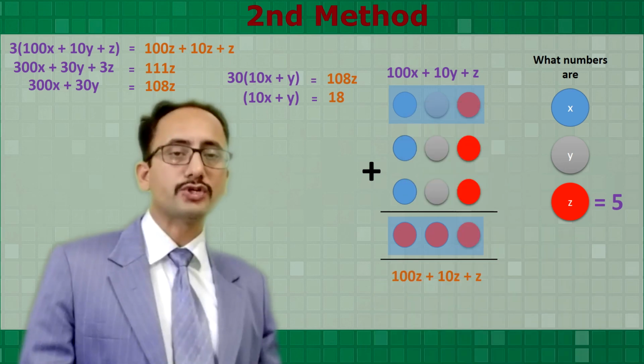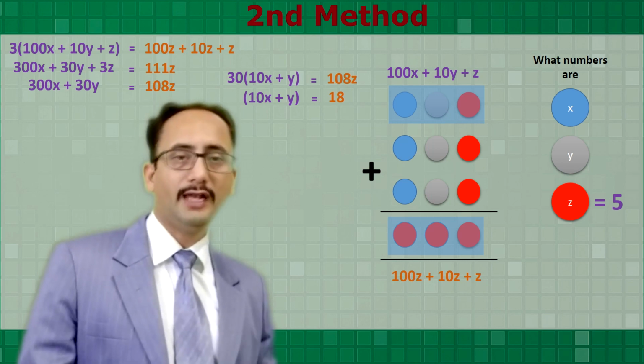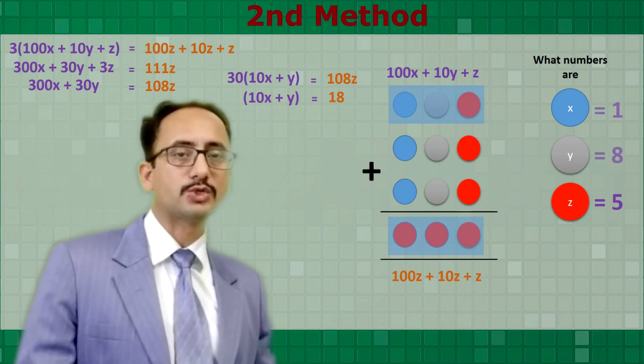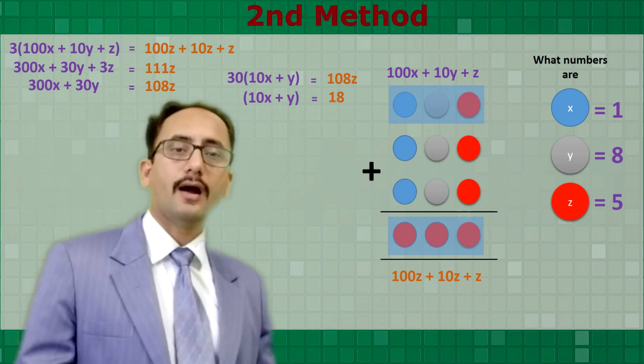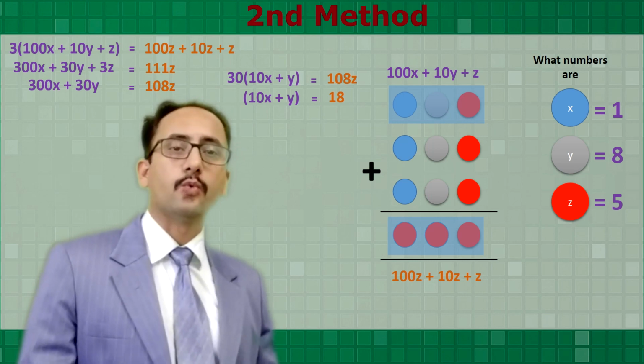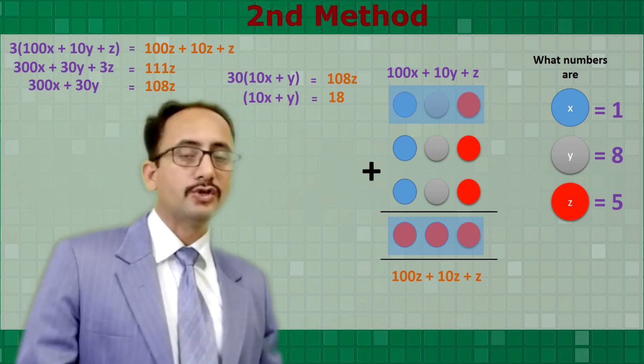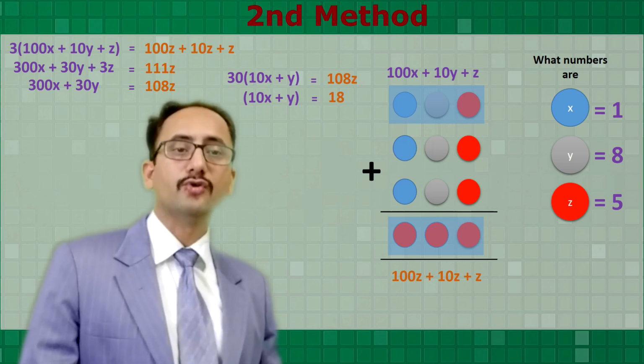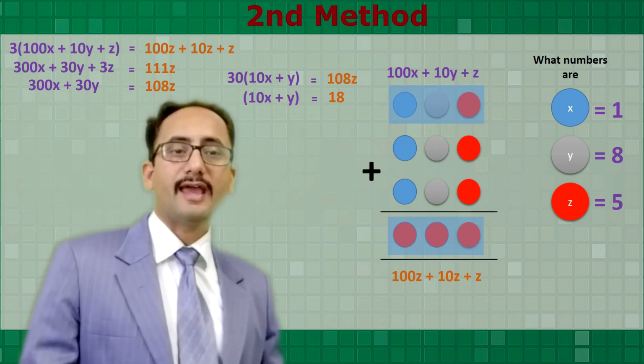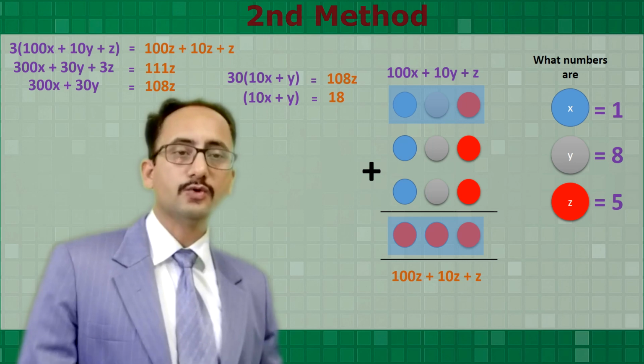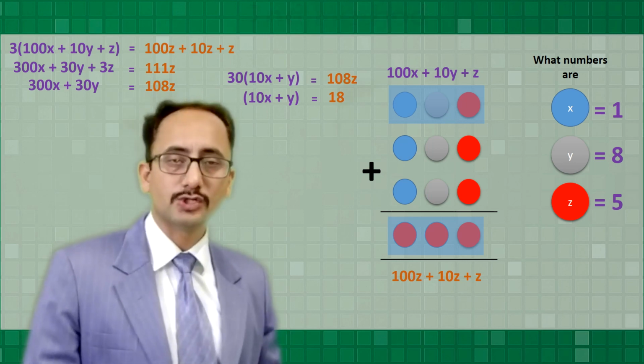I know the solution of the equation has to be a whole number, and the only whole numbers which satisfy this equation are x equals 1 and y equals 8. So the solution of the problem is x equals 1, y equals 8 and z equals 5.